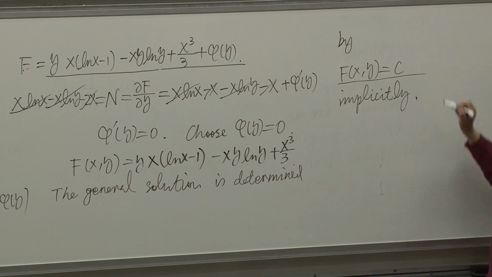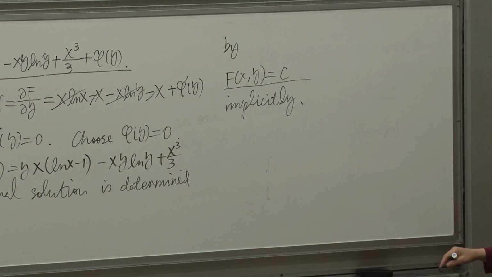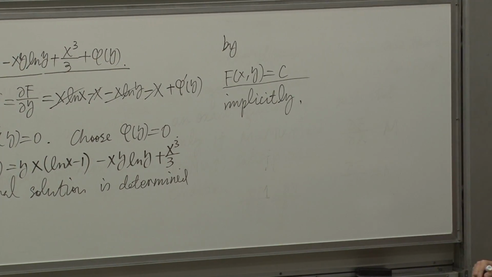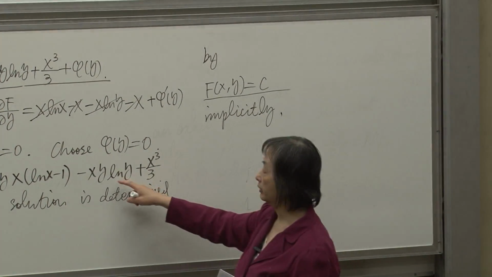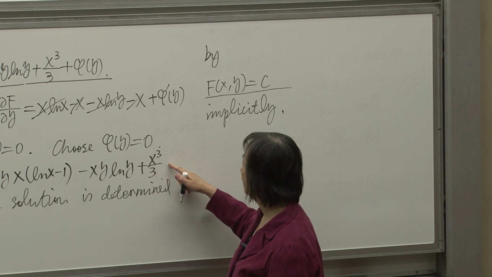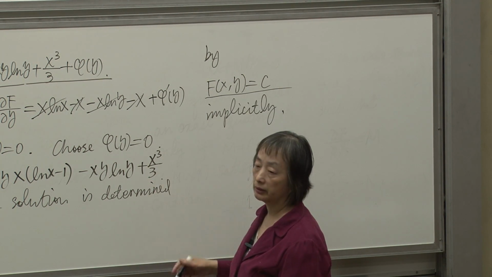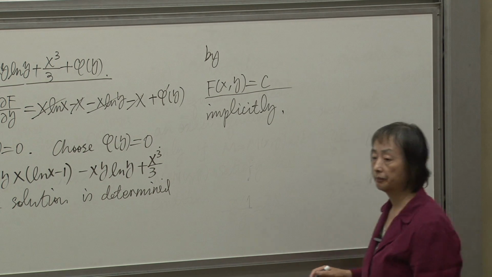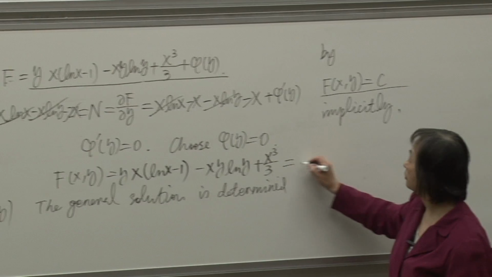This is the answer to the problem. Yes, we have to have c on the right-hand side. Otherwise, this wouldn't be an equation. You could set it equal to c and say this is a general solution. But we would have to say this equal to c.